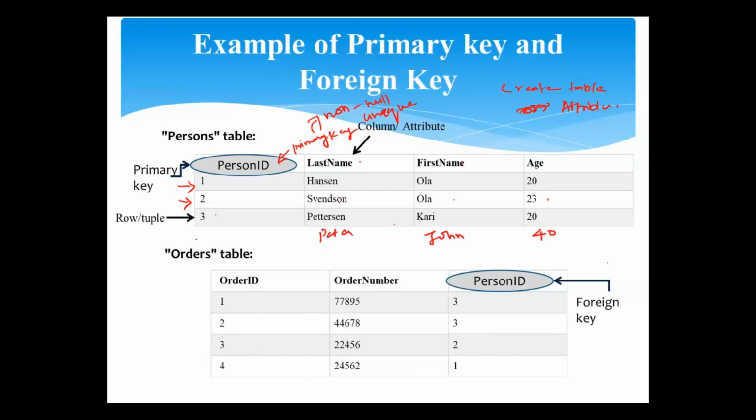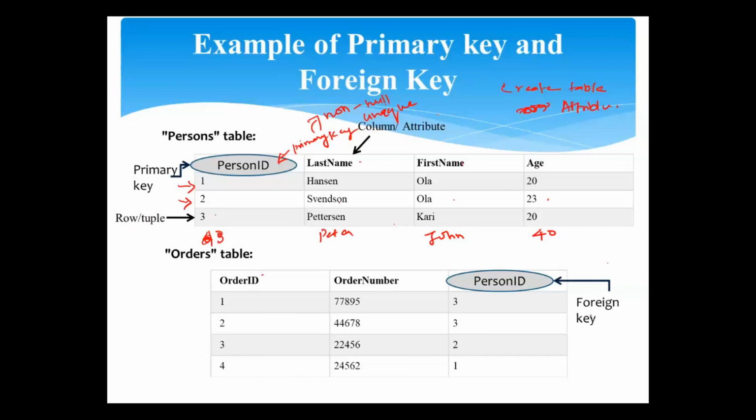For a primary key, a null value will not be allowed, and it will always take a unique value. It can have only 4 or 5 or anything else. It cannot take a duplicate value like 3 again. So that is the condition a primary key follows: it will always be non null and a unique value. And each row is called a row or a tuple.